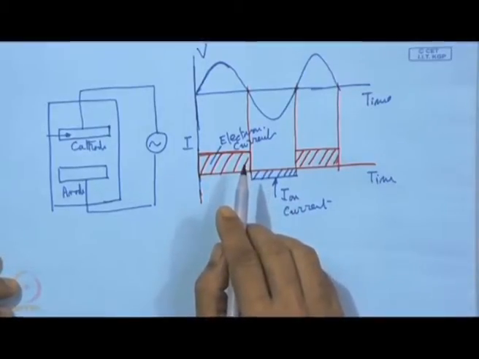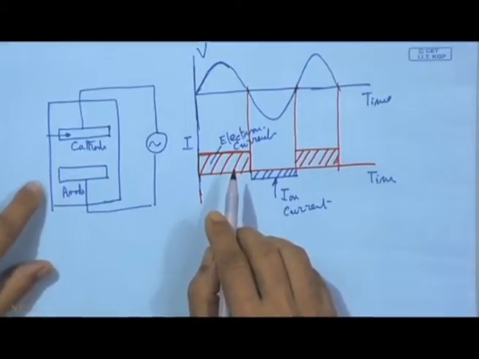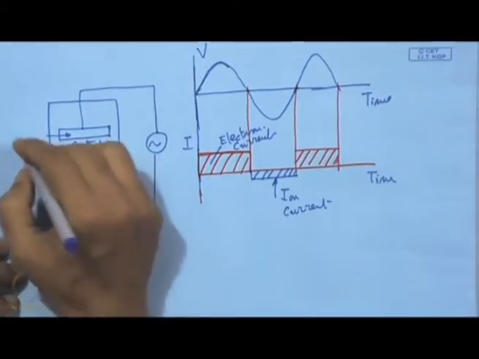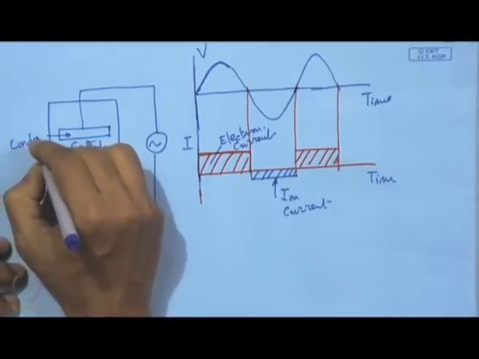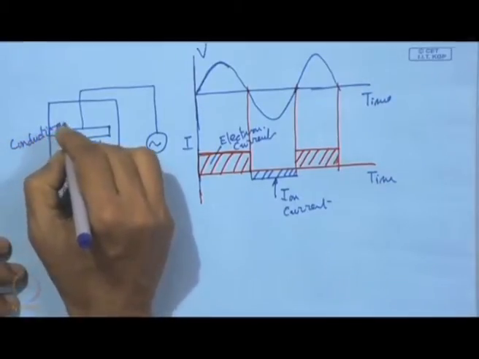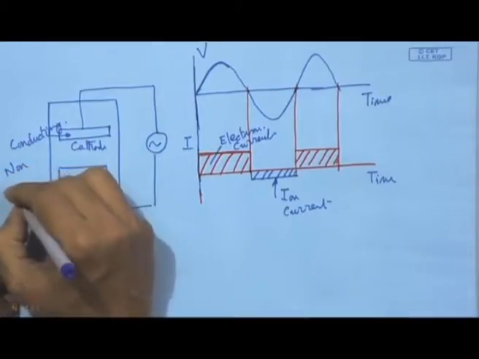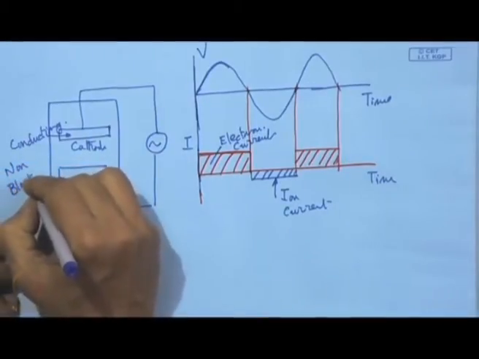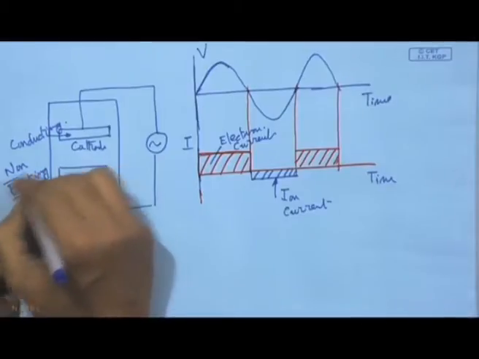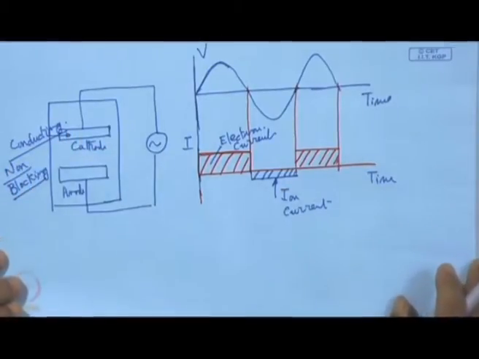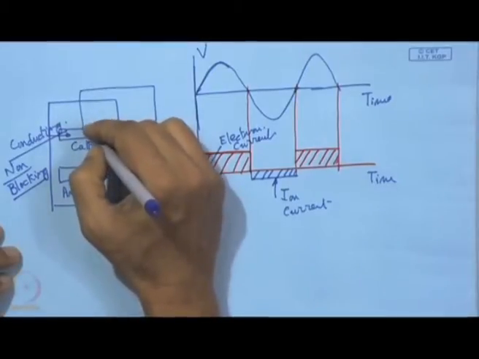But one thing is that this will happen if it is a conducting cathode. Conducting cathode, that means we call it non-blocking cathode. However, when we have a non-blocking cathode, whether it is AC or DC, most important thing here is to have a self bias.